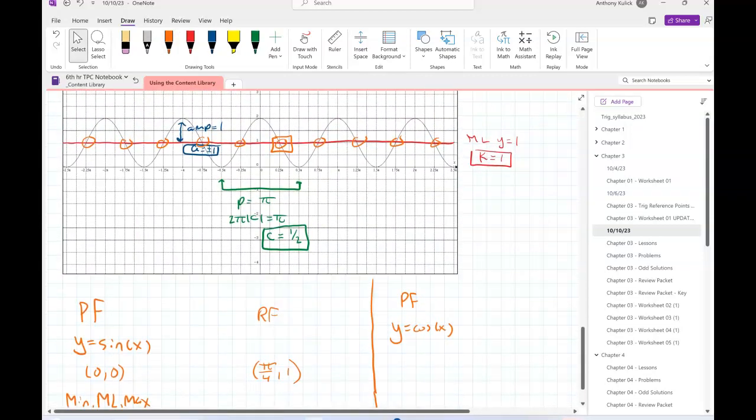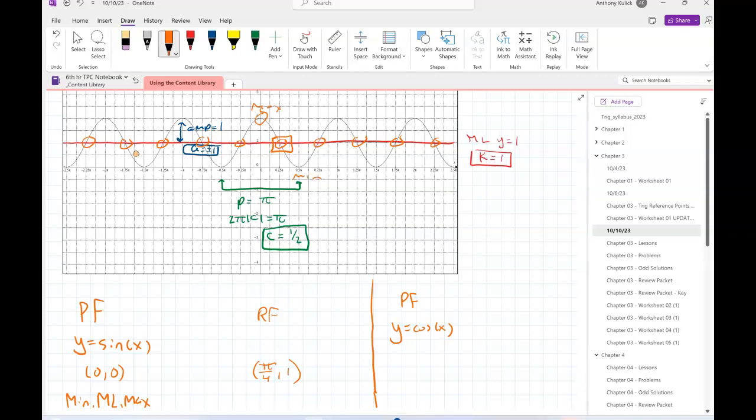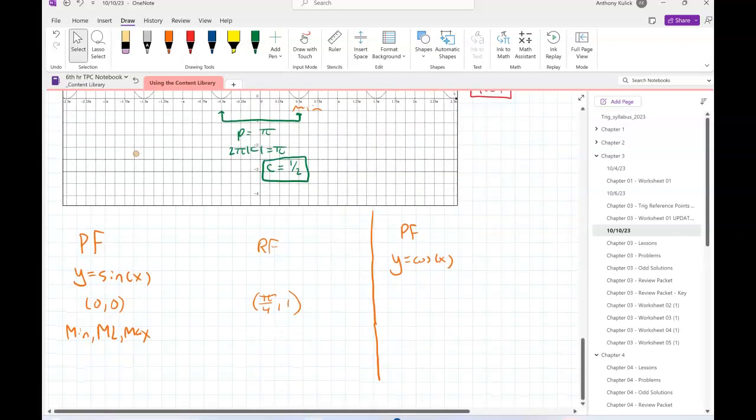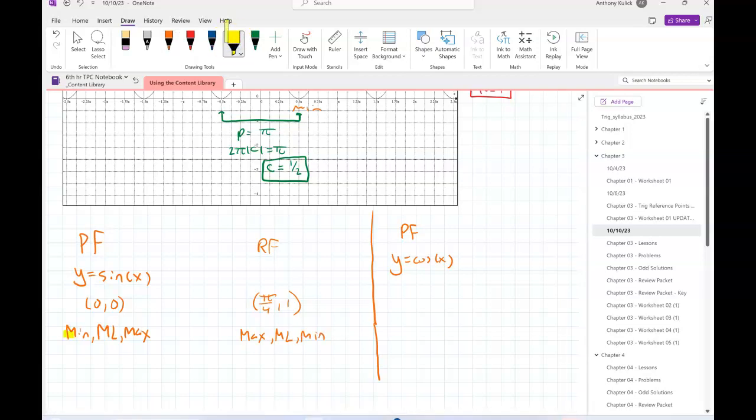And that point is preceded by a maximum and followed by a minimum. So if I compare the type of midline points I have, what does that tell me about the A?